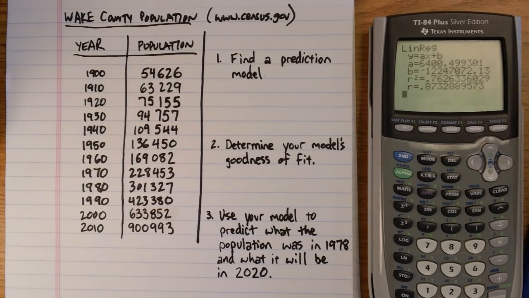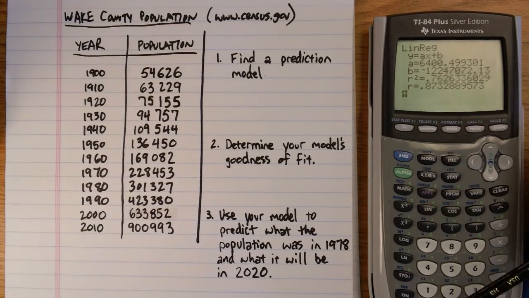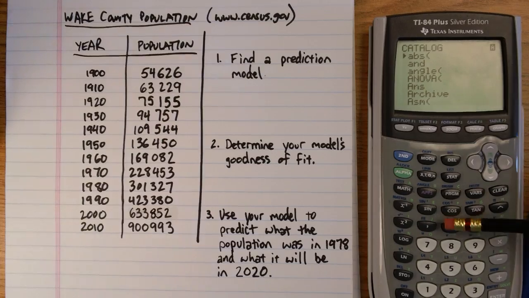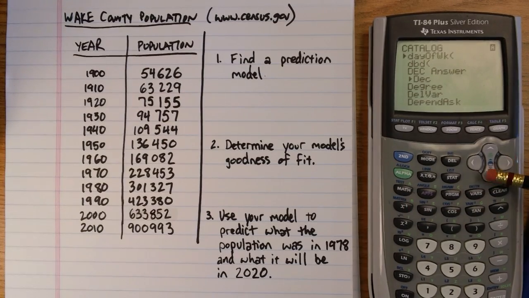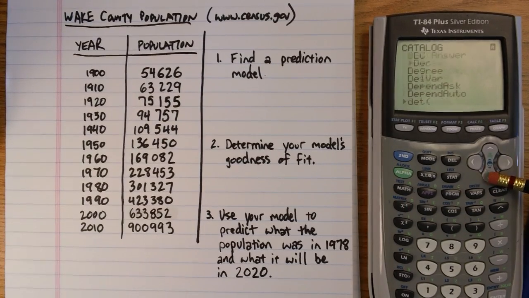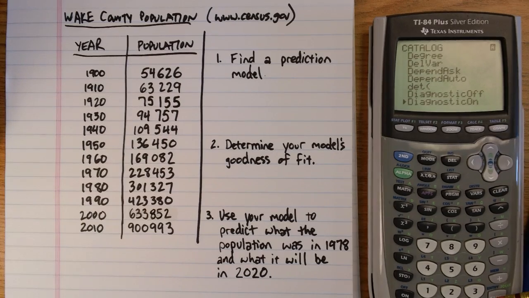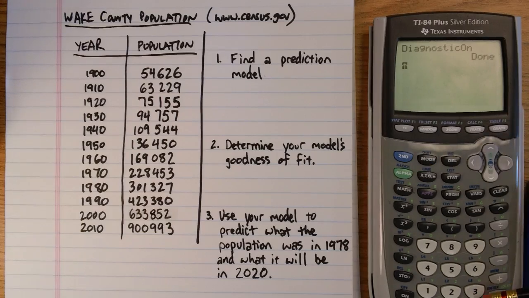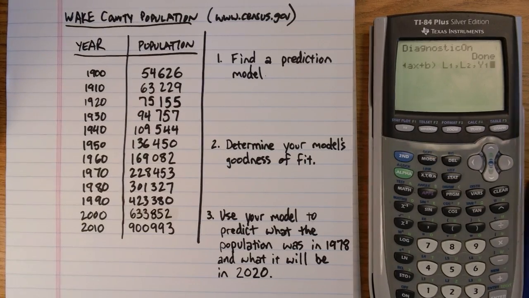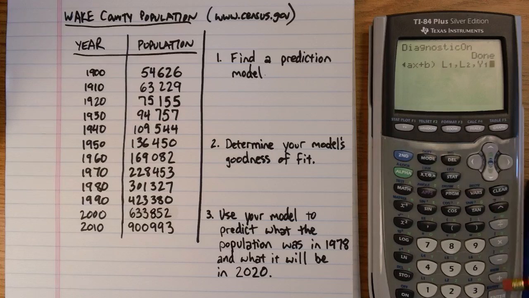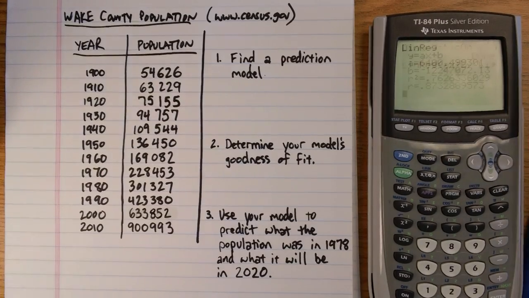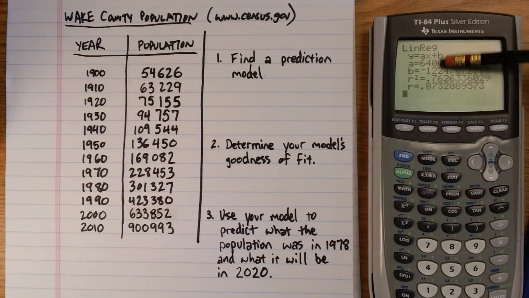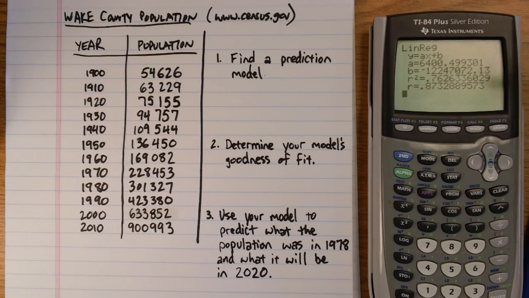If you didn't get these, press second catalog, which is 0, then press the D key and cursor down to diagnostics on, press enter, enter again, and then recall your linear regression with second enter twice, press enter, and you should get those r and r squared values.